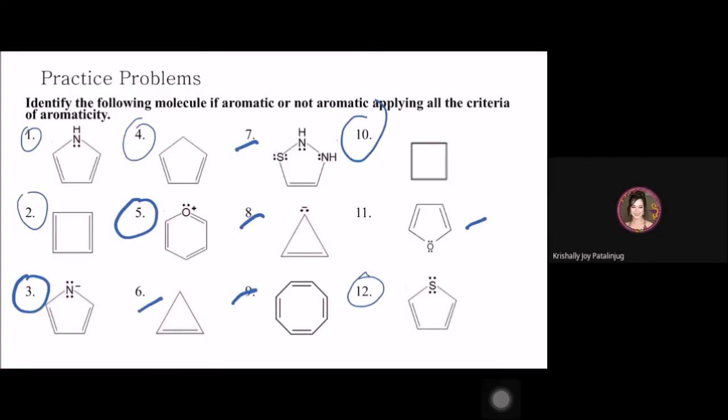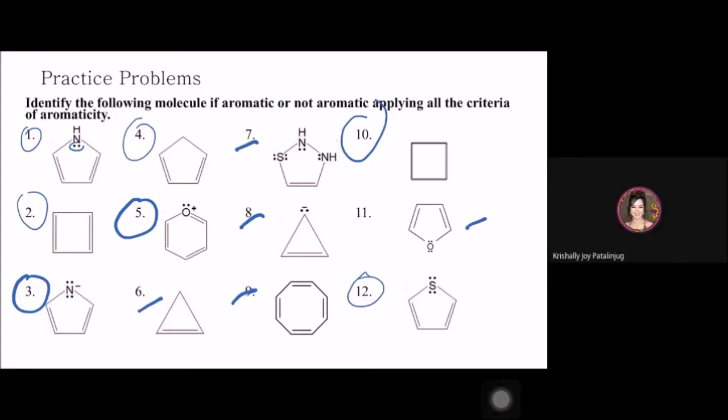Very good, sp3. Now, what is our criteria for considering pi electrons? If sp3 hybridized, carrying a lone pair, it has no double bond, only 1 lone pair will be counted as pi electrons. So, how many pi electrons? 6.